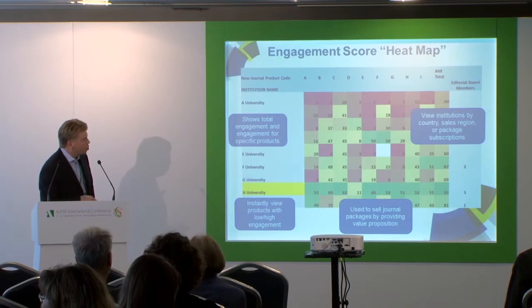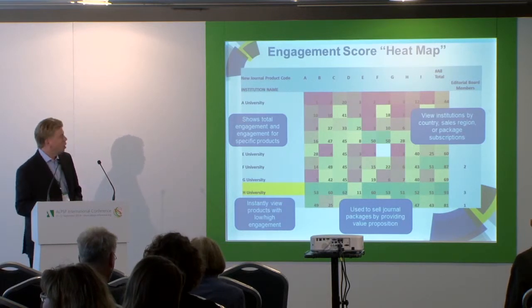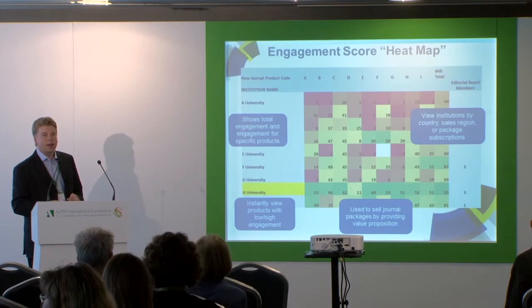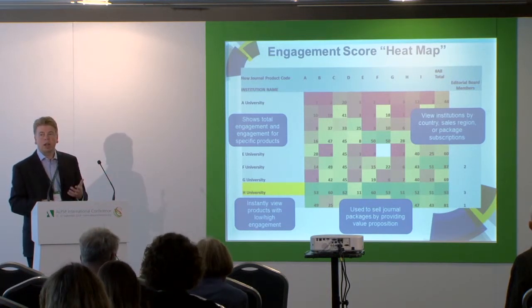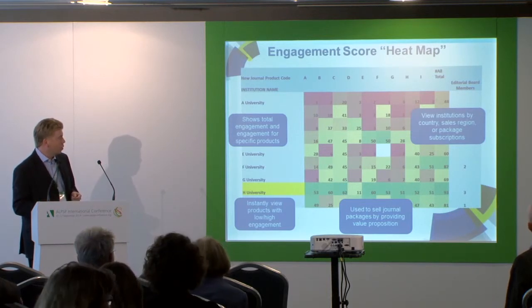Down the right-hand side, we also have the number of editorial board members at that particular institute, which again gives us some sense of how well we're engaged with that given institute.